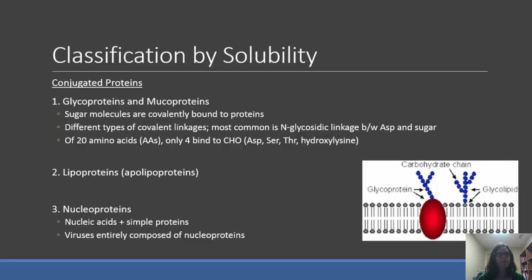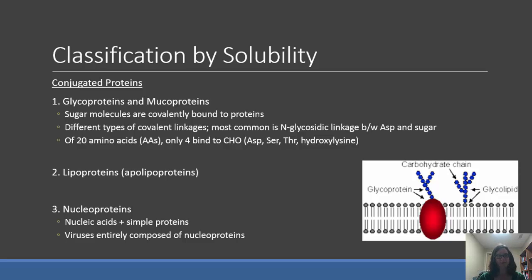Okay. And of the 20 amino acids, only 4 that are listed here really bind to carbohydrates. So those are the proteins that we're going to find in our plasma membranes that are binding to the carbohydrates for these functions. Another type of conjugated protein is our lipoproteins, which we talked a lot about in the fat section.